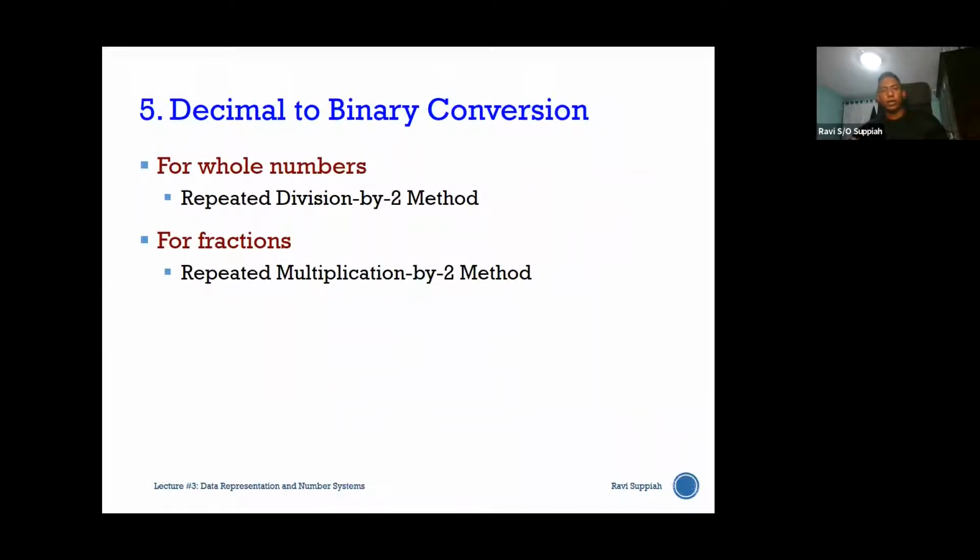Now let's look at some of these conversions. How do I convert between decimal and binary? Let me show you the conventional way first, using pen and paper, and then I'll briefly show you the calculator method.